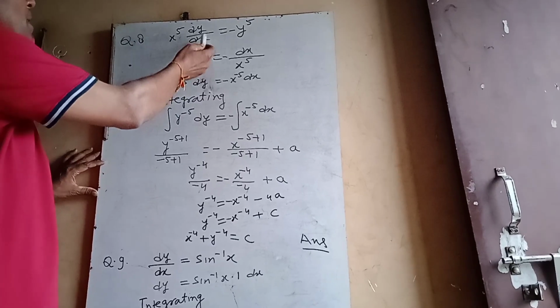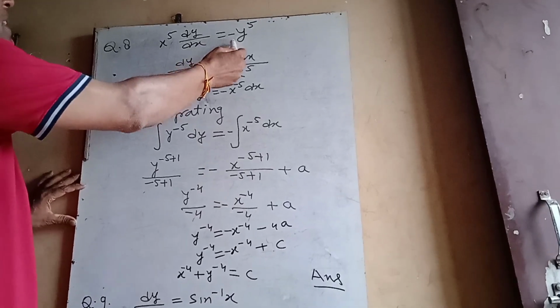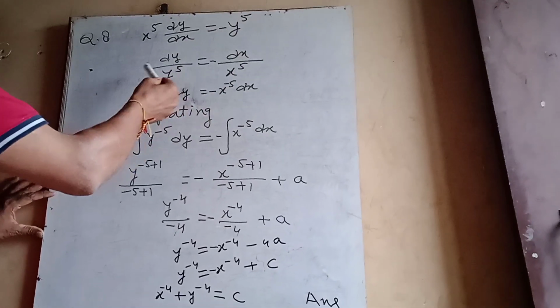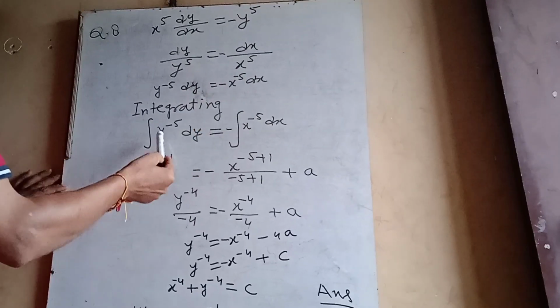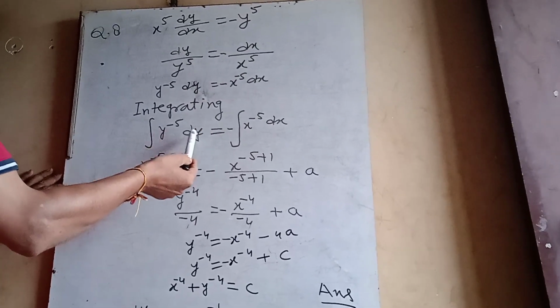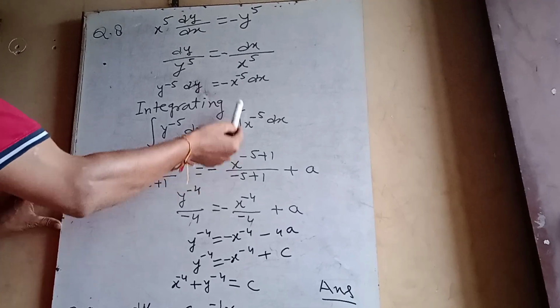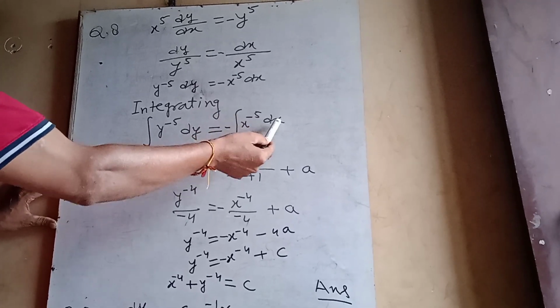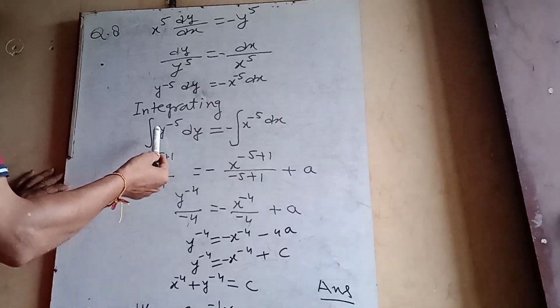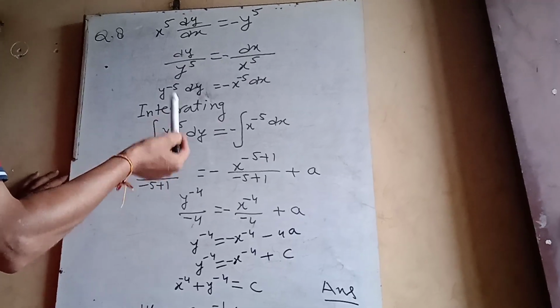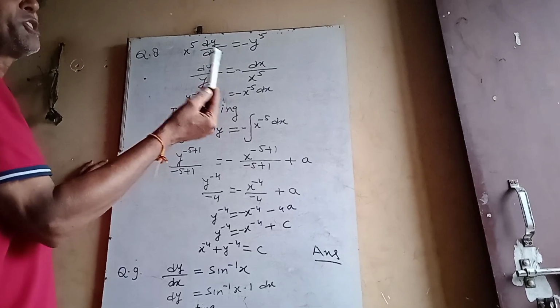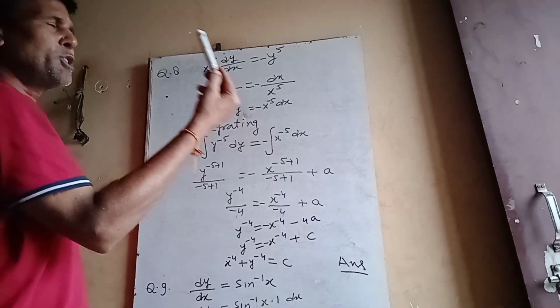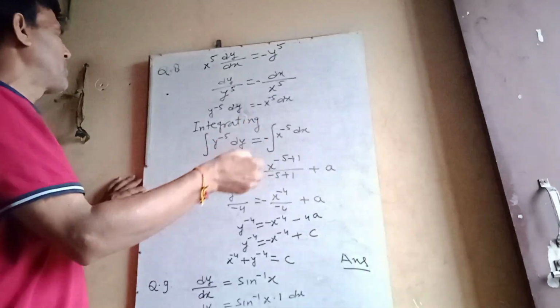Number 8, x to the power 5 dy by dx equals minus y to the power 5. We can write this expression as follows, and on integrating, y to the power minus 5 dy equals minus integration x to the power minus 5 dx. Apply the formula integration x to the power n dx equals x to the power n plus 1 upon n plus 1.